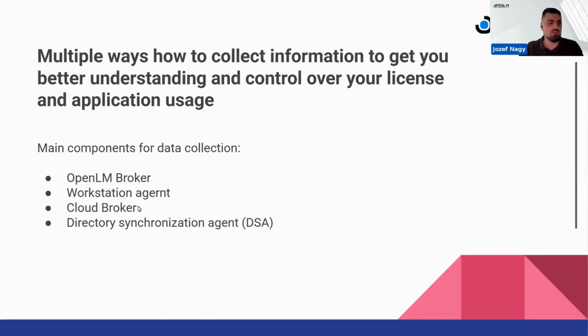Then we have Workstation Agent, for collecting information from the end user workstation. Then we have Cloud Broker, which, as its name suggests, is for collecting information from the SaaS applications. And then we have DSA, the Directory Synchronization Agent, which is responsible for gathering information from your Active Directory.